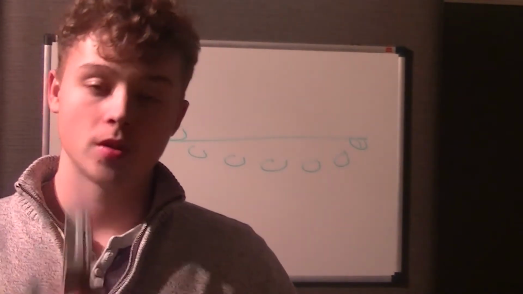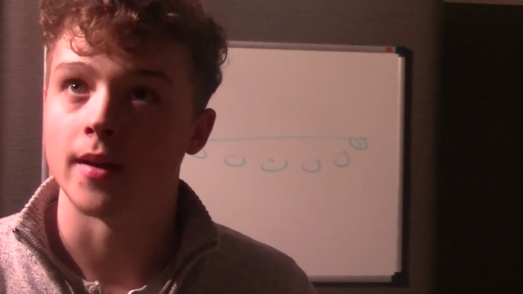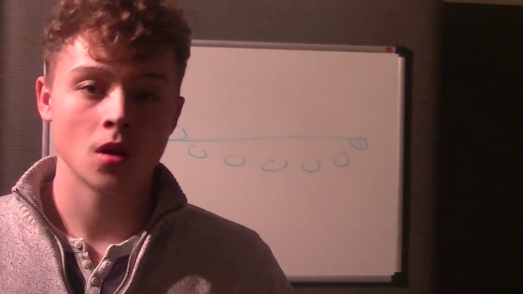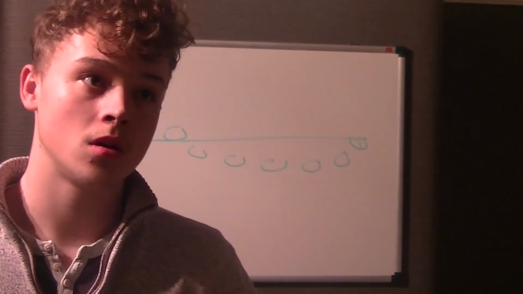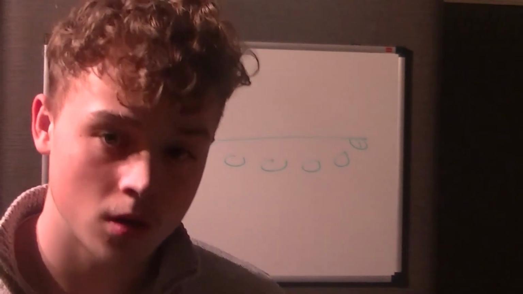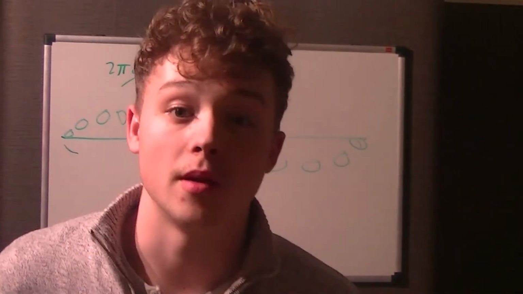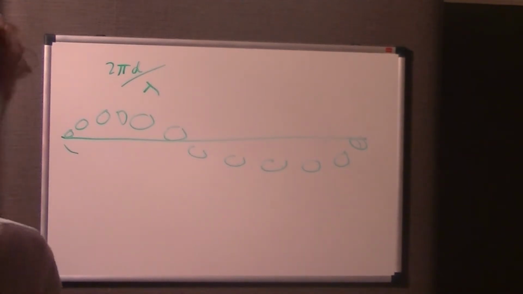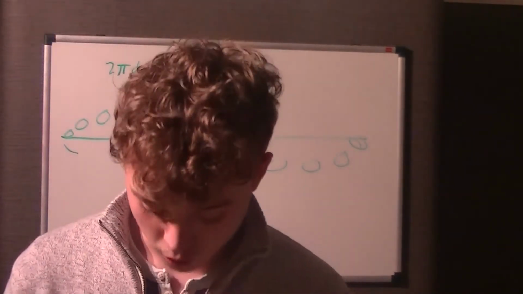So half pi is 90, pi is 180, 3/2 pi is 270 degrees, and 2 pi is 360. So each time you add half a pi on, it's 90 degrees. That's just the way I look at it, but a radian is 57.3 degrees, but the way I look at it is through looking at the pi.